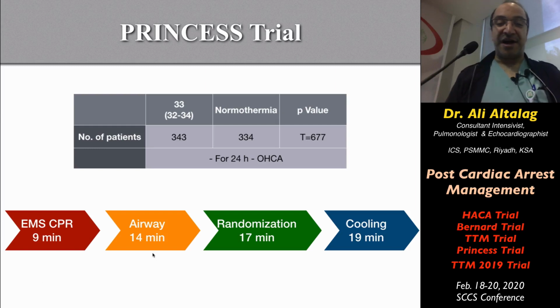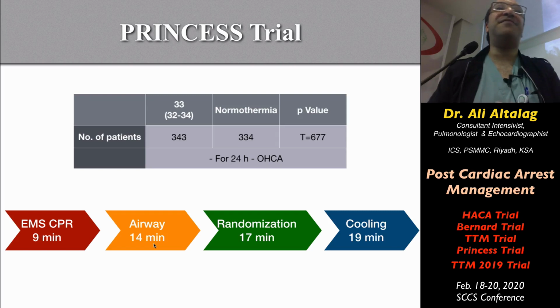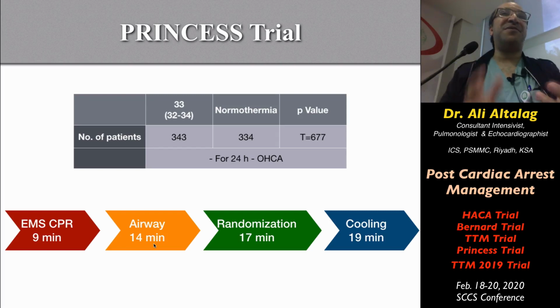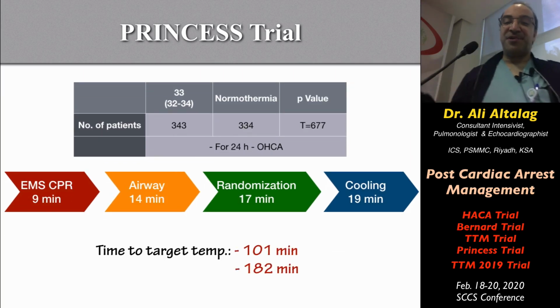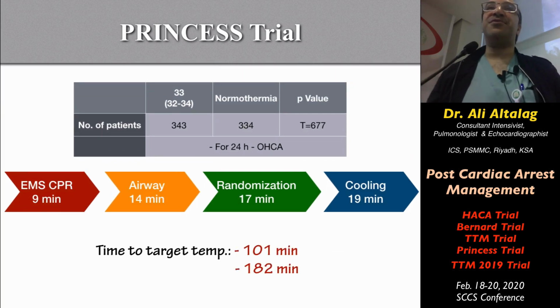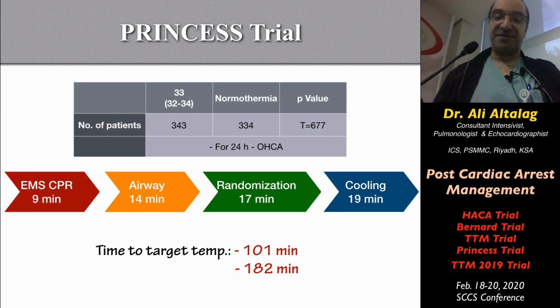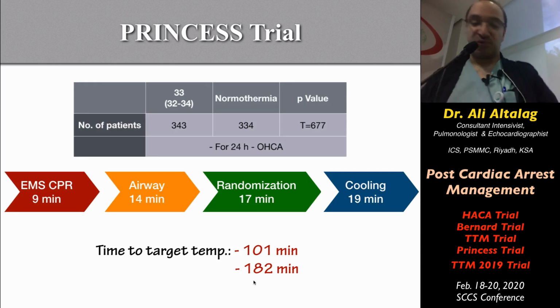That is around how many minutes? Around 5 minutes after the start of EMS CPR. You see how efficient they were? Now, the target temperature was achieved in the study group around 100 minutes after the cardiac arrest and 182 minutes in the control group.